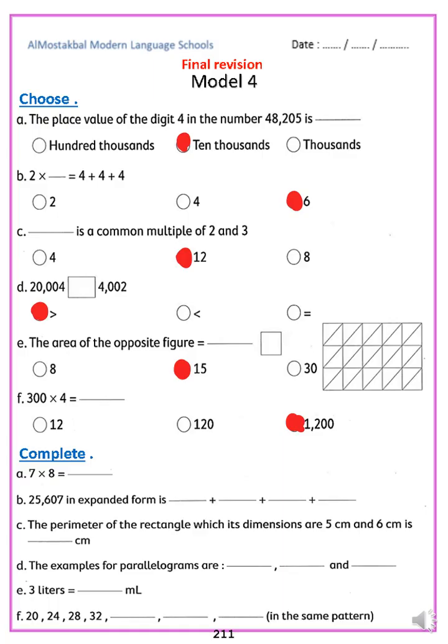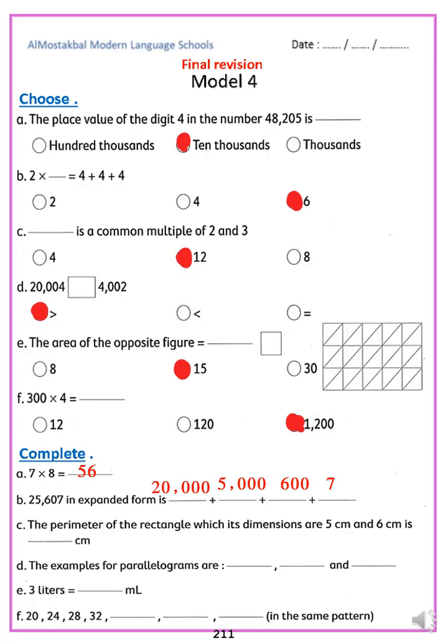Complete. 7 by 8 equals 56. 25,607 in expanded form is 20,000 plus 5,000 plus 600 plus 7.